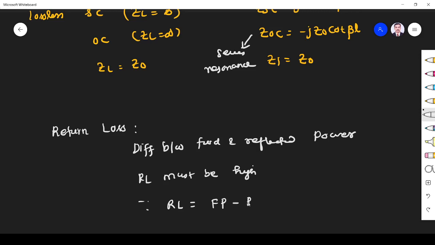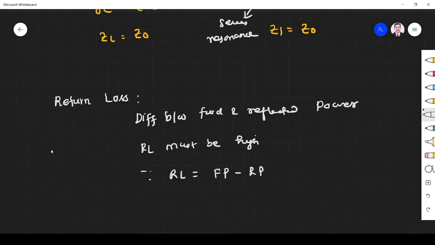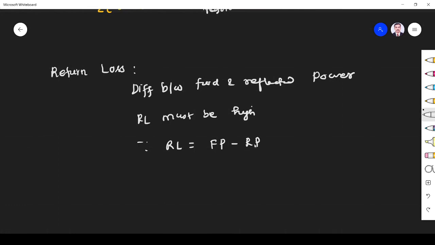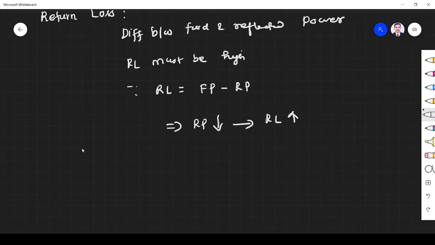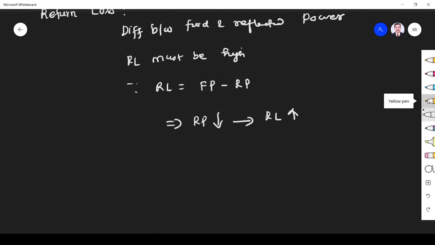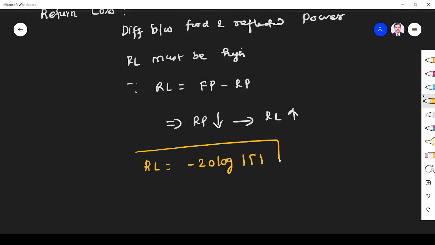So FP minus RP, reflected power. For a very good transmission line, reflected power should be very less. So if RP is less, then the difference will be very high. So RP must be low. This implies RL must be very high. Right? So that is the first thing we must remember. The formula to find the return loss is RL is equal to minus 20 log of mod gamma, where gamma is a reflection coefficient, I will deal with it soon.